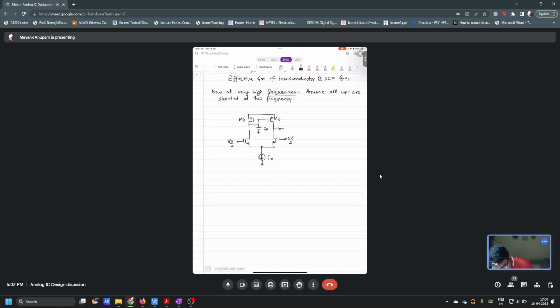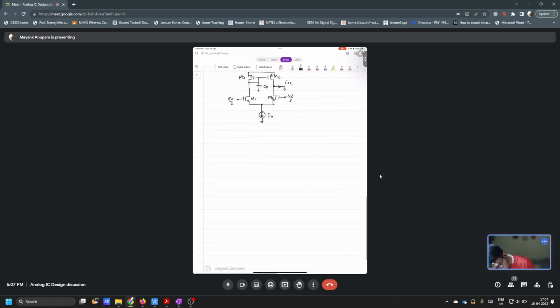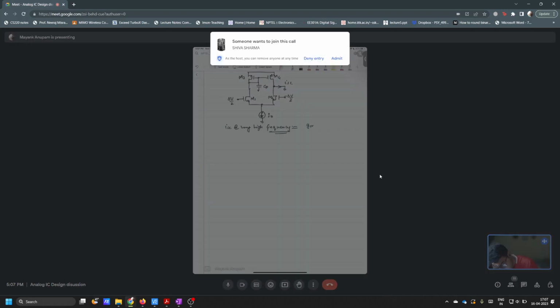Now tell me what should be the ISC here? GM1 by 2 into delta V. How? Because the CCP is short circuited, so the mirroring action will not occur. Yes, correct. It's basically GM1 into delta V by 2, right?